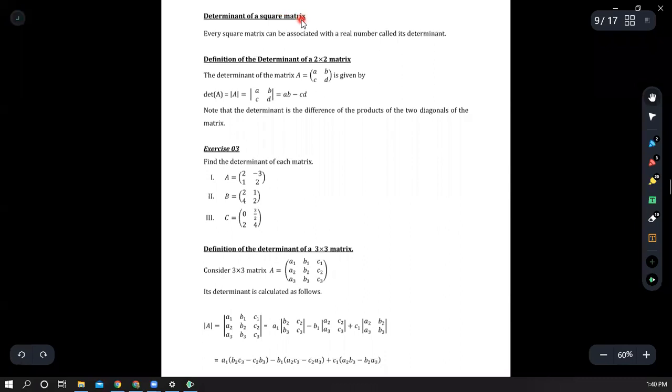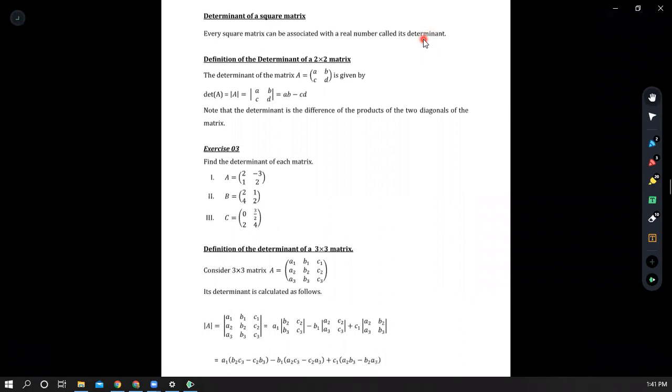Each and every square matrix is associated with a real number, which is called the determinant of that matrix. Therefore, when we identify the determinant of a square matrix, we are finding the real number associated with the given square matrix.